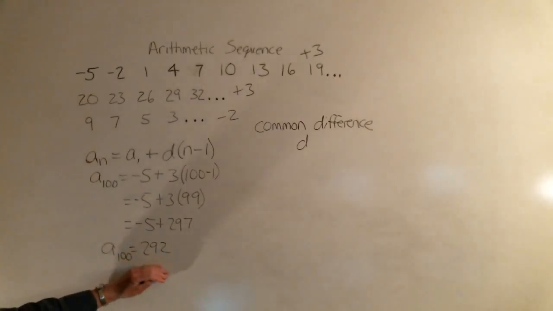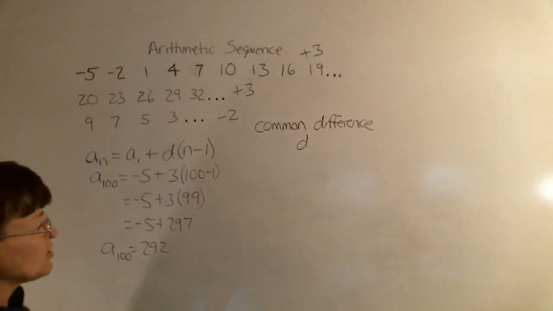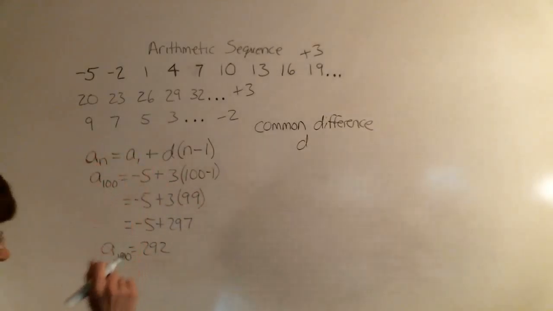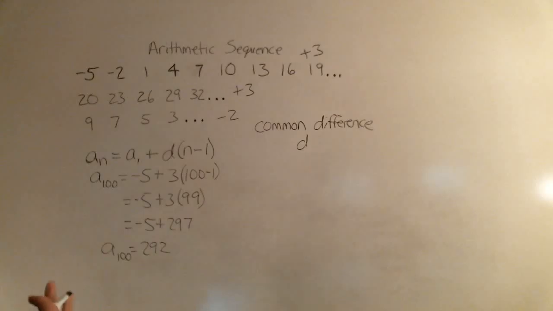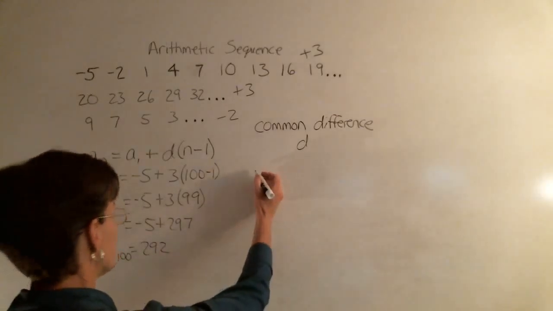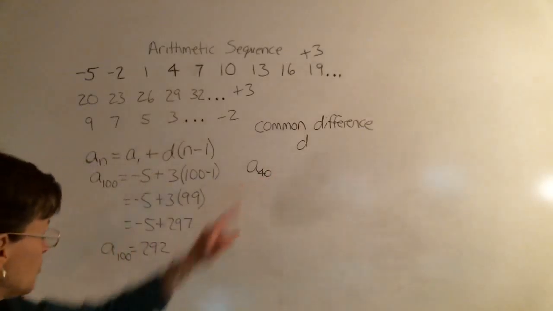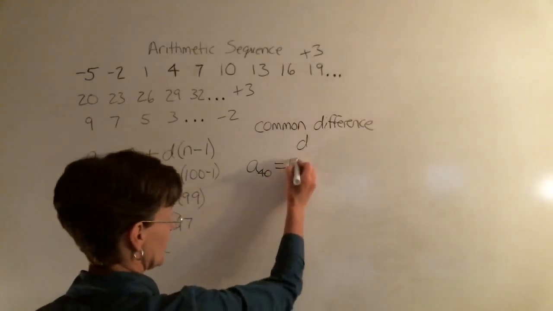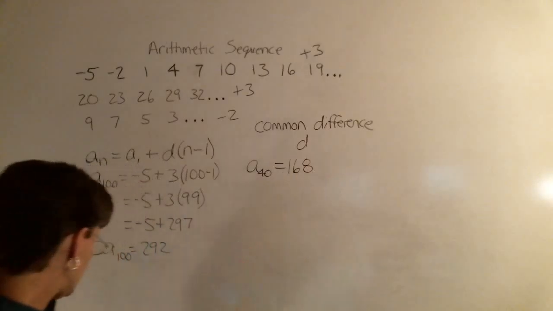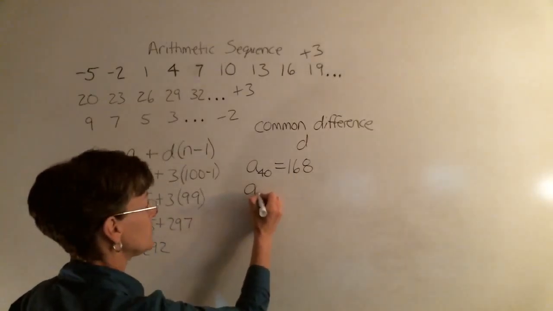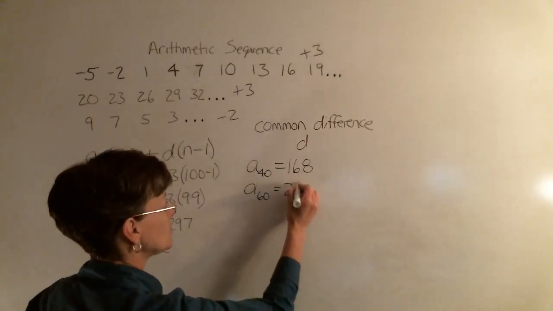That's what that means. Okay, well, let's suppose that we have a different sequence that's not on the board. Let's suppose that I know something about another arithmetic sequence. Let's suppose that I know that A sub 40, the 40th term, is 168, and that the 60th term is 248.